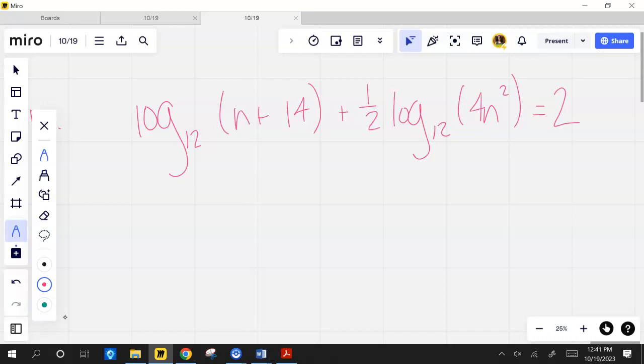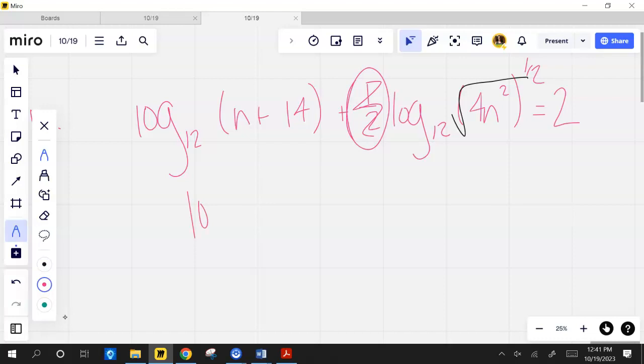Okay, but this one's different because I've got to condense them first. Because this is 1/2 and it's going to be an exponent, that's going to mean what? Right? So it's just 2n.